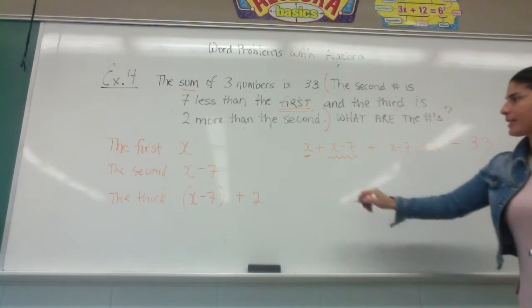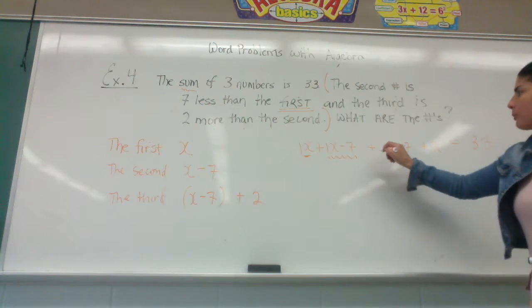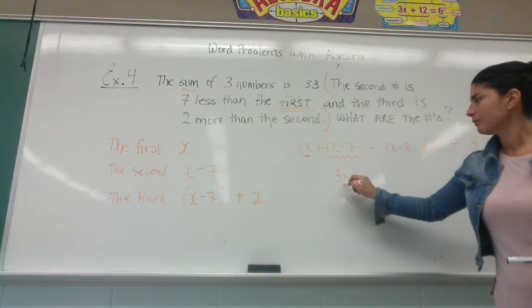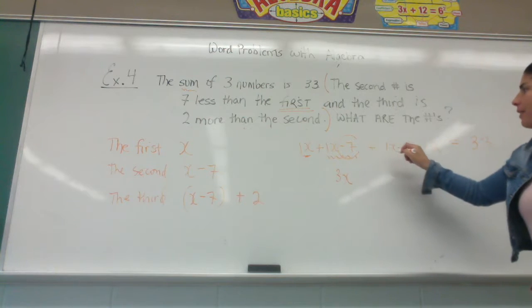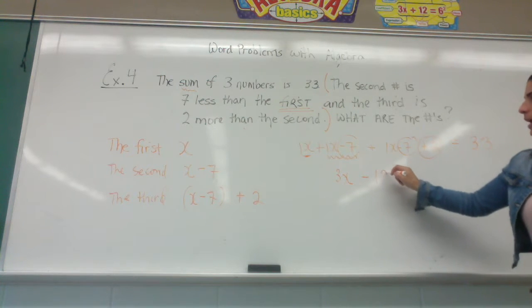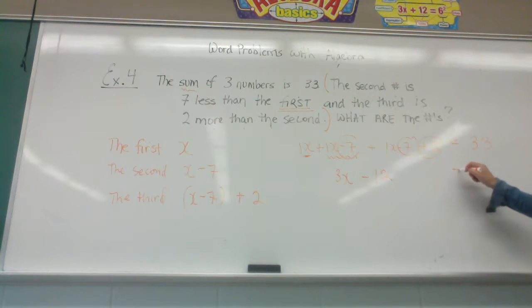Next thing I'm going to do is add 1x plus 1x plus 1x equals 3x, minus 7 plus 2 gives me negative 5, equals, always in a line, 33 plus 5 gives me 38.